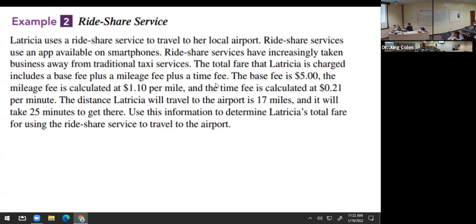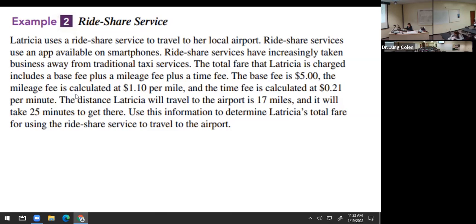You are adding all three. Let's look at the next sentence. The base fee is $5. So no matter how far or how many minutes you go, you have to pay $5. It's fixed, right? You need to understand that. The base fee is $5. So you can plug in the base fee with $5 later, okay?